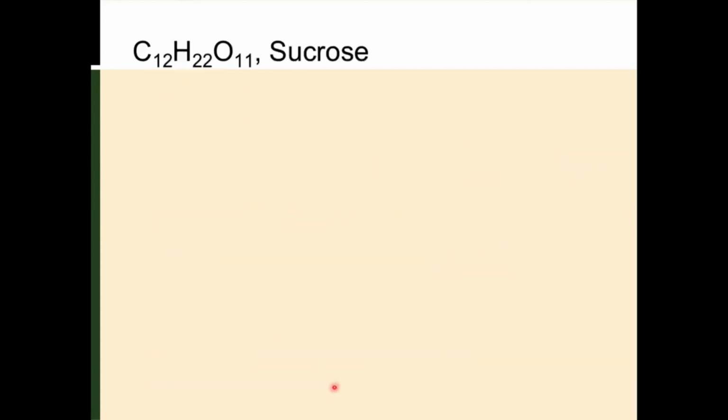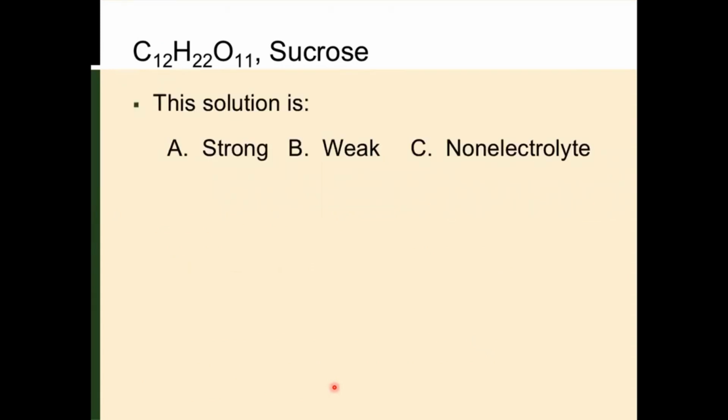So sugar here, sucrose, C12H22O11. Is this going to be a strong, weak, or non-electrolyte, A, B, or C? So in the case with our bulb setup before, are we going to see any light?